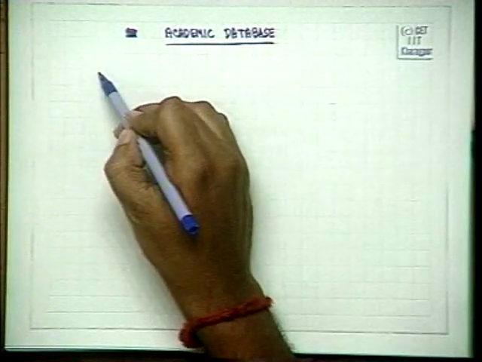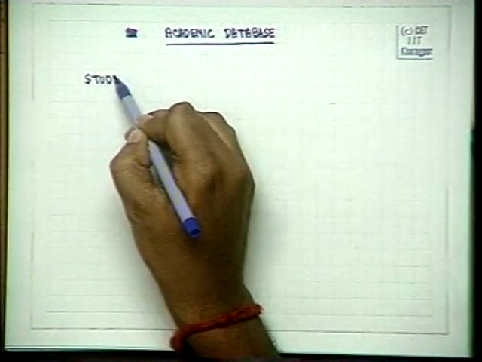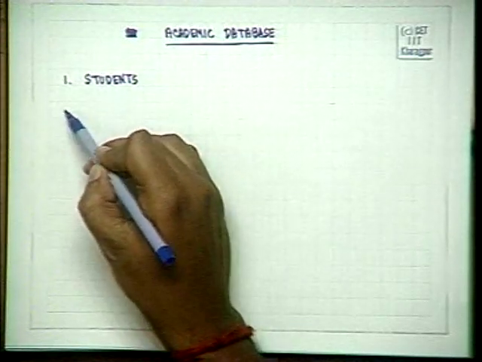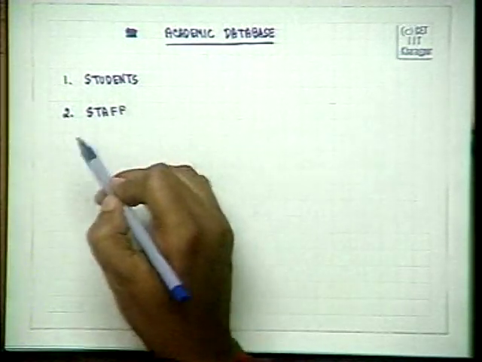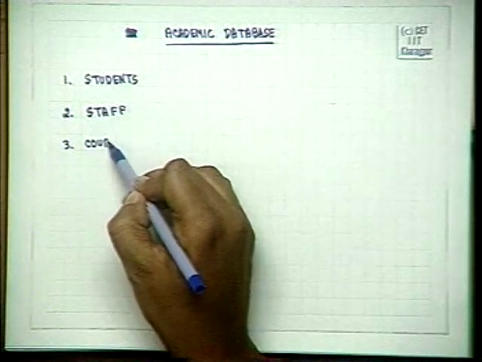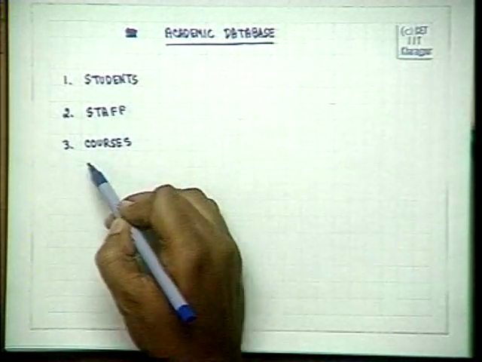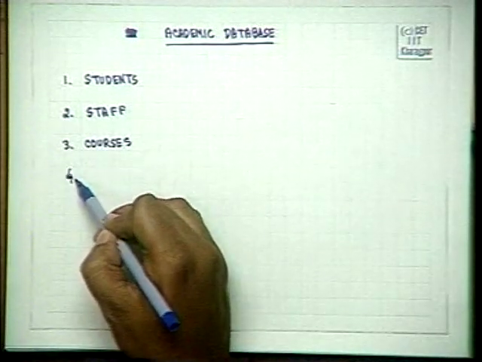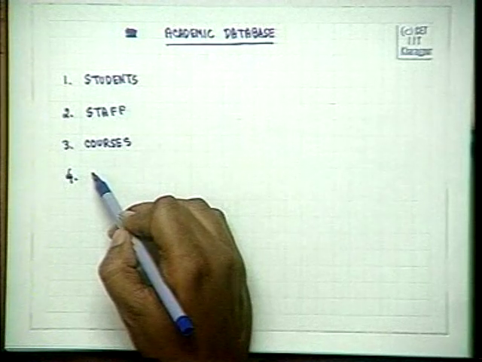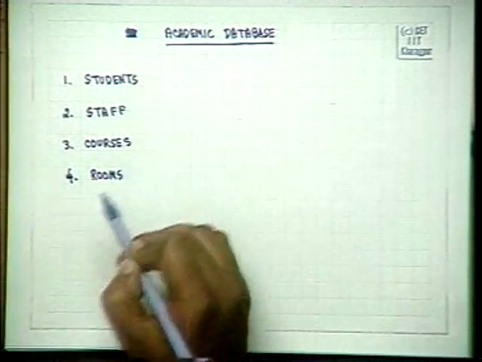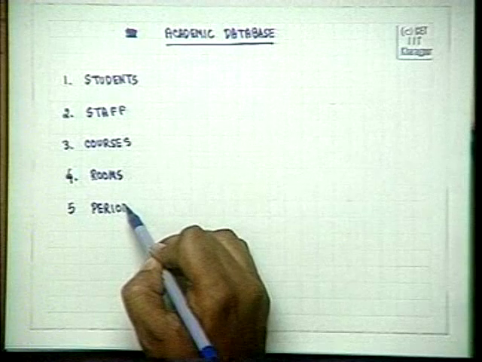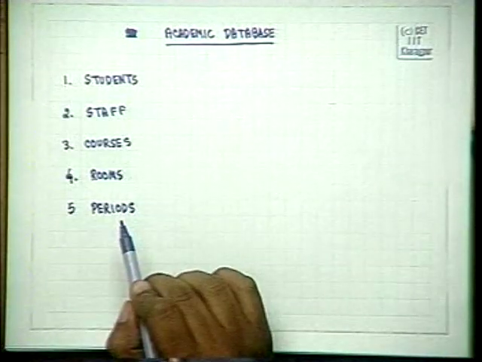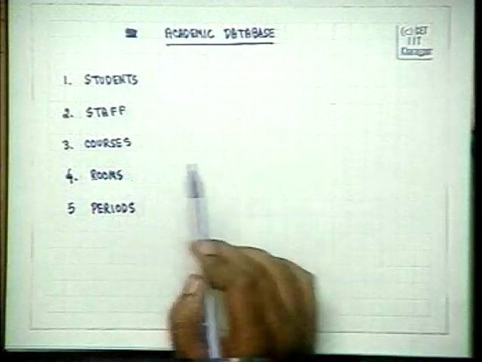Here our entities will be students, then staff, then courses, then fourth one will be rooms, fifth one will be periods or times, that is Monday fourth period, Tuesday third period, Wednesday second period. The rooms will be rooms in every department.